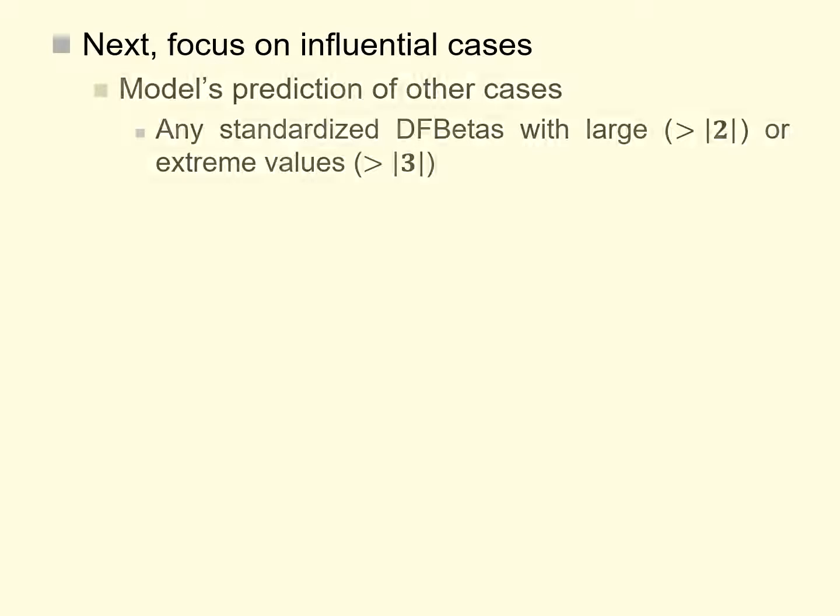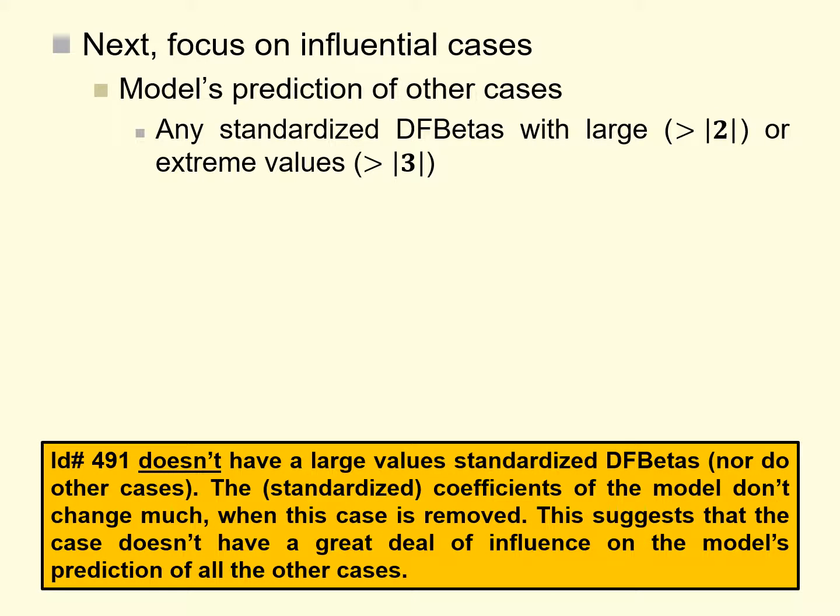And we can look at that same issue by examining DF betas for all of the cases, and again look for large or extreme values of standardized DF betas. And case number 491, or I should say ID number 491, doesn't have large values for DF betas, nor do any of the other cases, suggesting that the standardized coefficients of the model don't change very much as a function of whether or not case number 491 is in the data set that the model is made from.